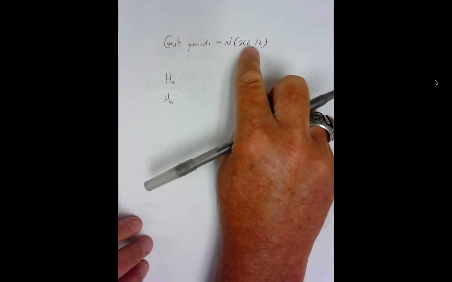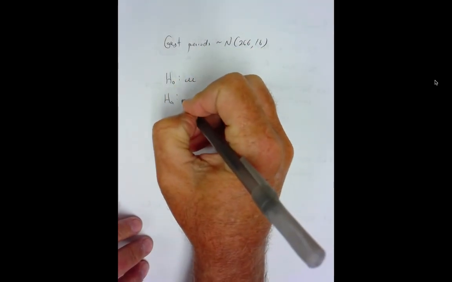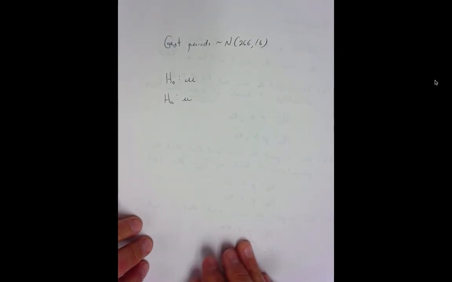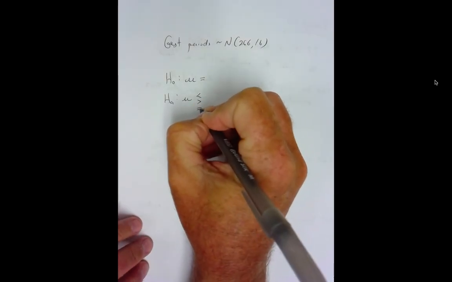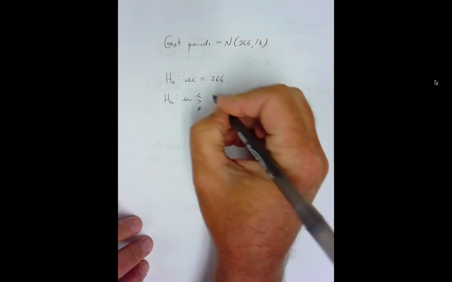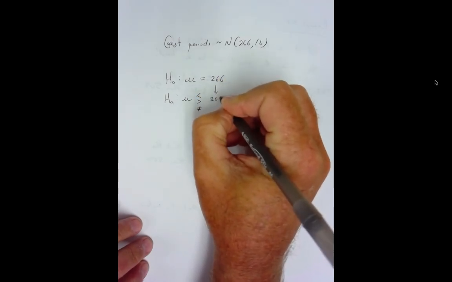Well, we're dealing with the mean, so it has to be mu. This always has to be equal to. This always has to be less than, greater than, or not equal to. We'll choose one of those. This has to be the mean of the status quo, and whatever goes there has to go here.